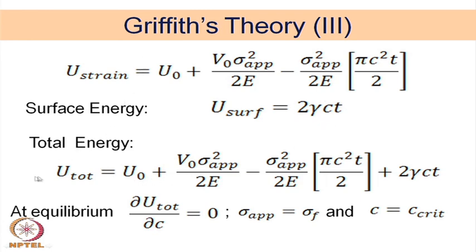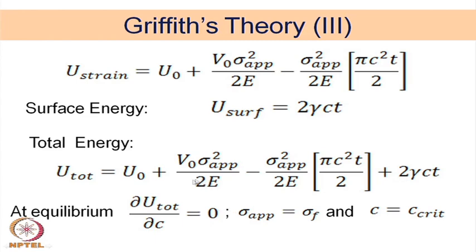Adding these two together, the total elastic energy is U0, this minus this into this, that is this term, plus this surface energy. So, this is an additive term. This energy is also additive. This part is the strain energy, and this part is the surface energy.